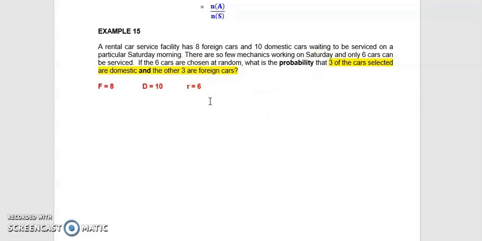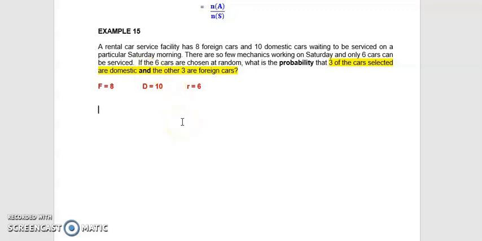In this question we can apply the concept of combination. Recall that under counting methods we have the multiplication rule, permutation, and combination. So here we can apply the combination concept. So 3 cars selected are domestic and the other 3 are foreign cars.